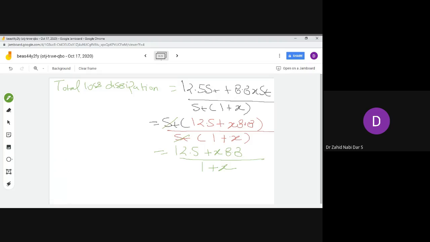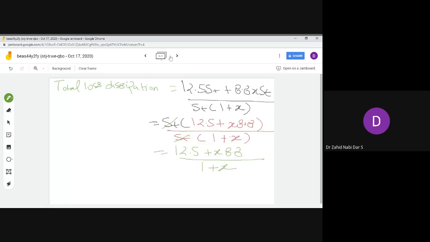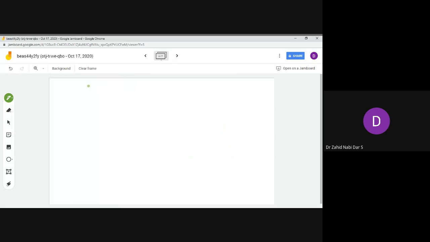How can we relate this to the temperature rise? As far as the temperature rise within the tubes is concerned, what would it depend upon? The temperature, theta, will increase.